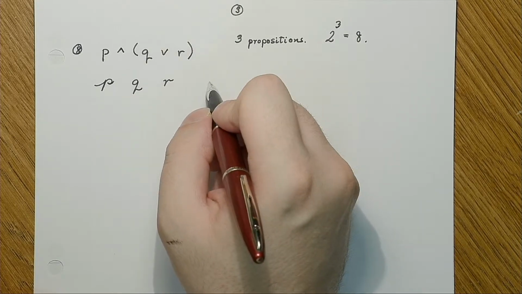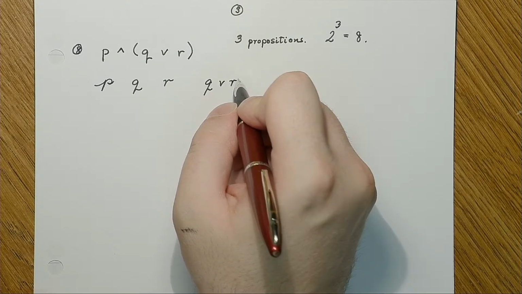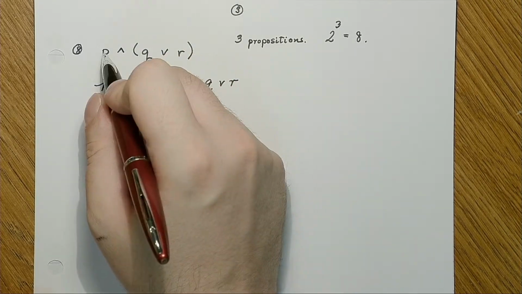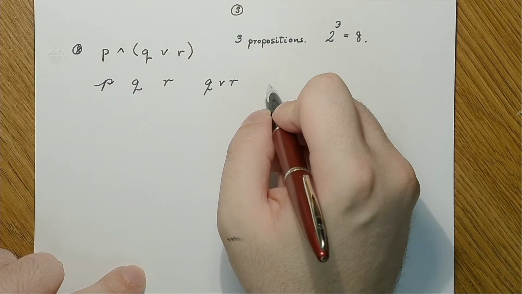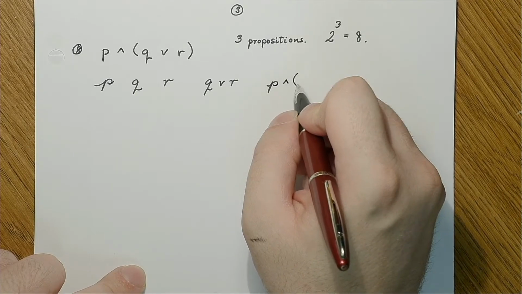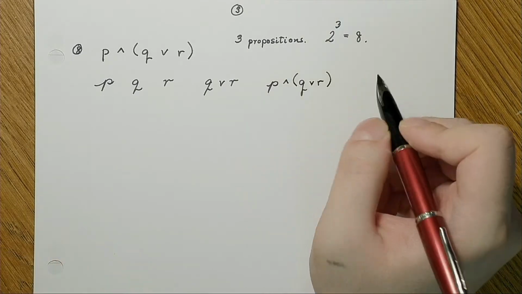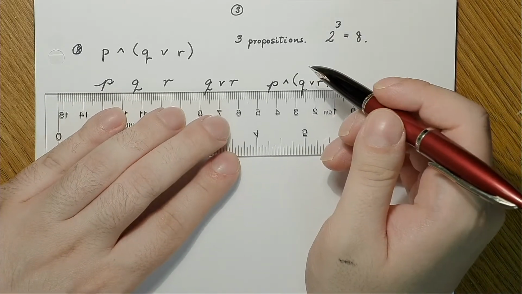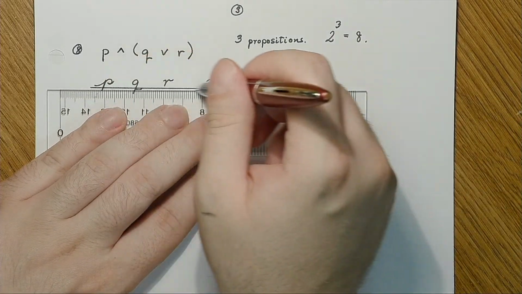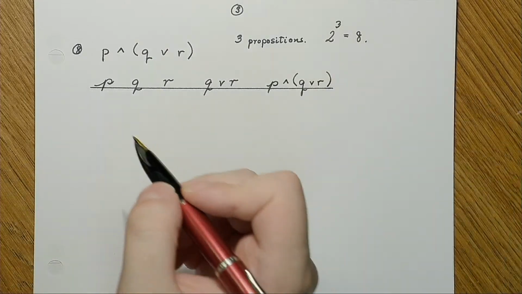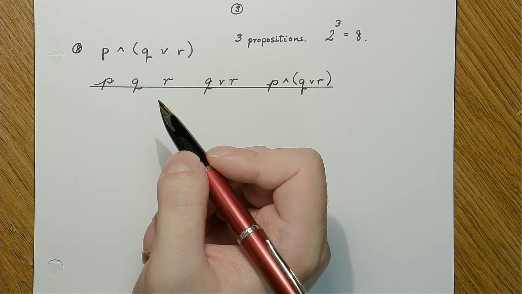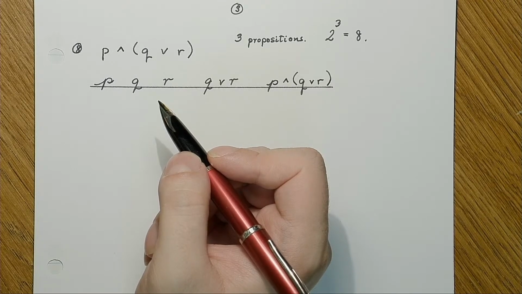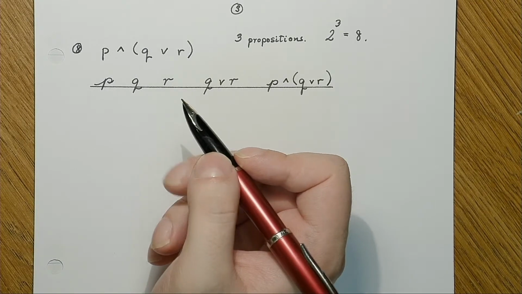Okay, so working with the brackets, I'm going to have Q or R. And then the next step I'll have is applying the P to this inside the bracket. So I'll have P and Q or R. I know I'm going to have 8 lines.